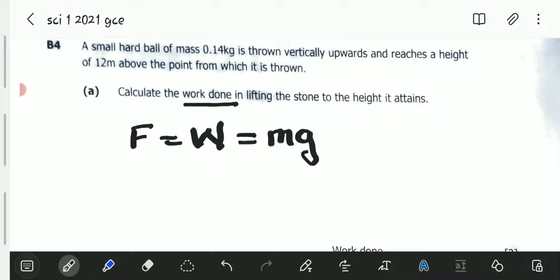In this case, people may be tempted to use a negative g. No, the g remains positive. Then the distance we use is the height.